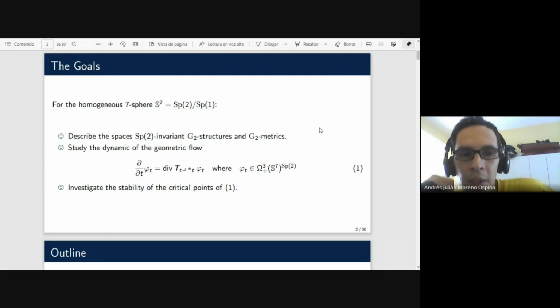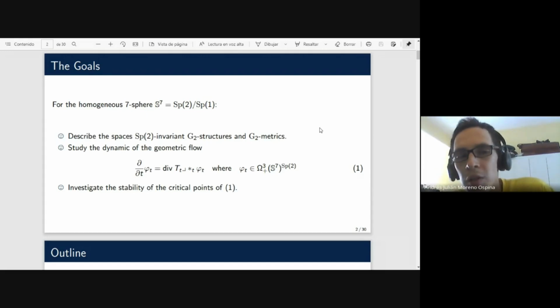With this description, we try to study a natural geometric flow on G2 geometry and obtain some particular properties of this geometric flow.